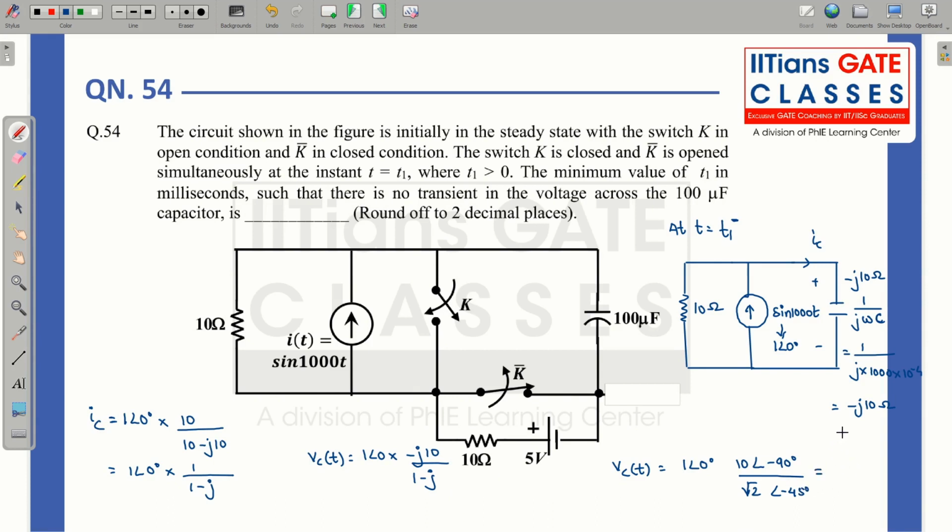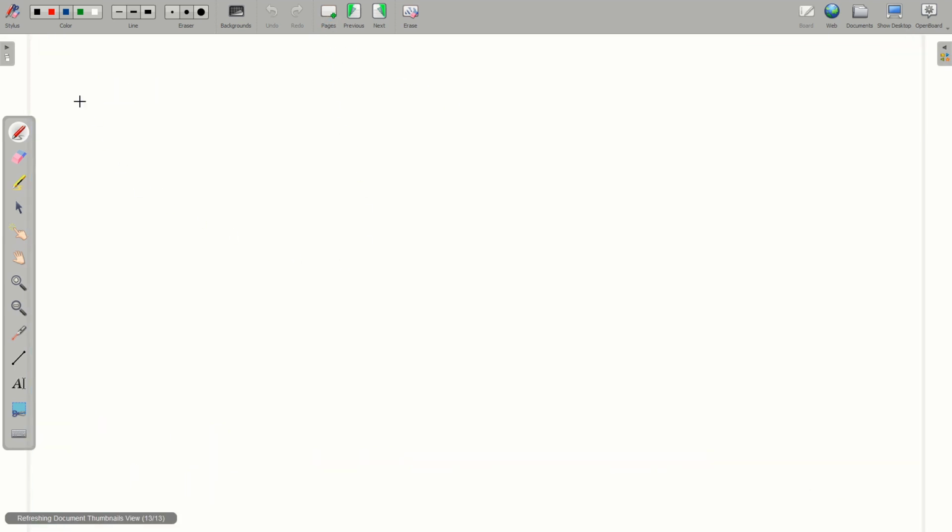So the whole value of VC(t) comes out to be 10 by root 2 angle of minus 45 degree. I can write it as 10 by root 2 sine(1000t minus 45 degree). This is your VC(t).